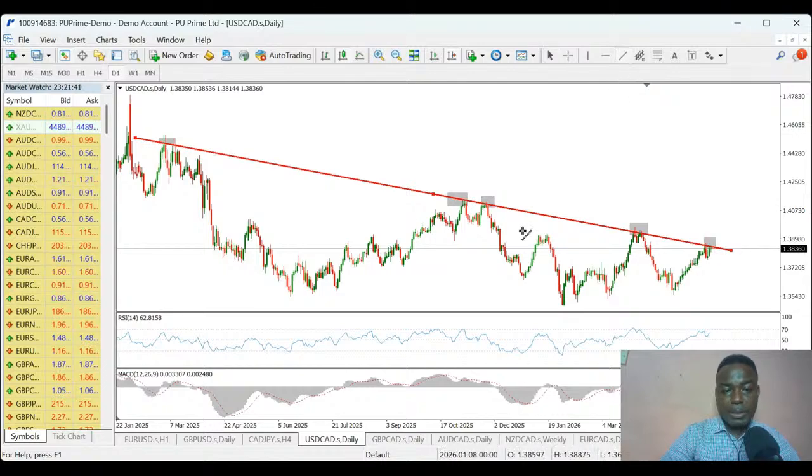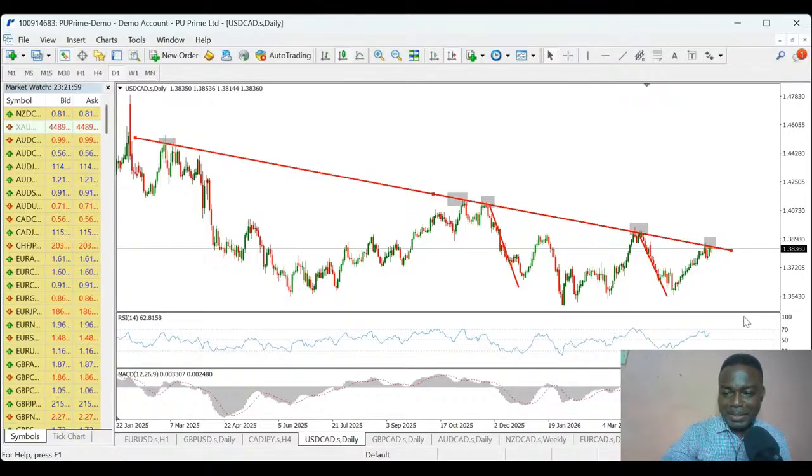Now, from the third time price touches this trend line, we can see there was a strong bearish movement. So that means that now that price is back to that level, we are expecting a bearish movement on the USD CAD. So our overall outlook on the USD CAD is actually bearish.